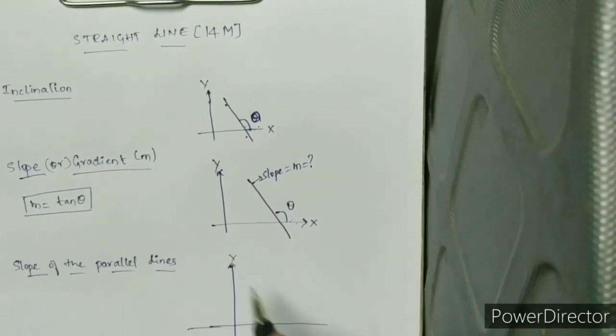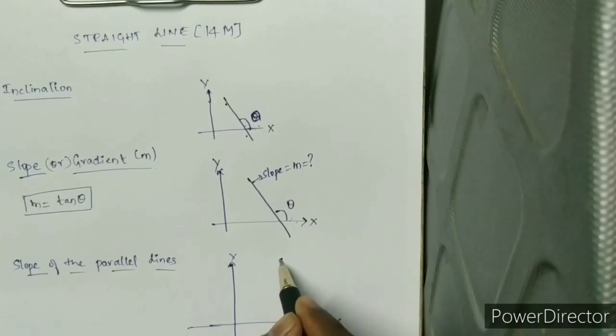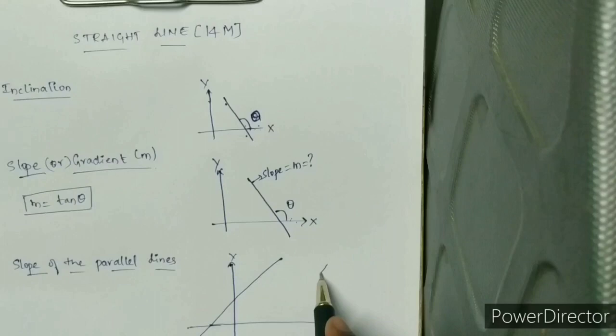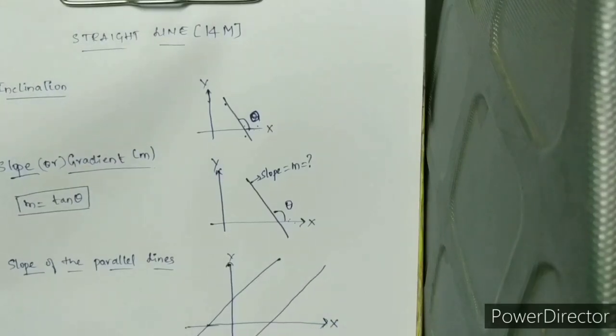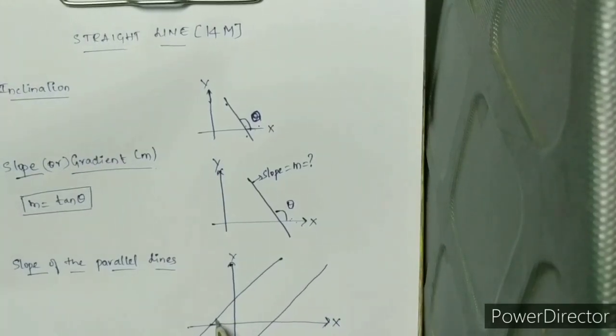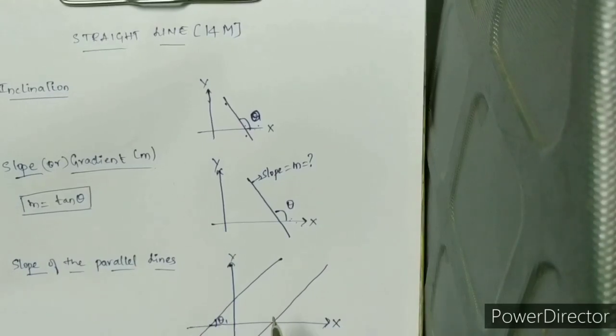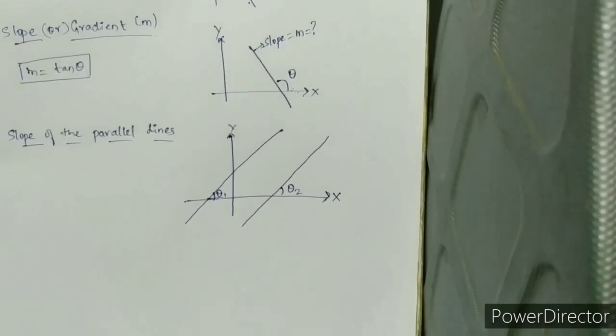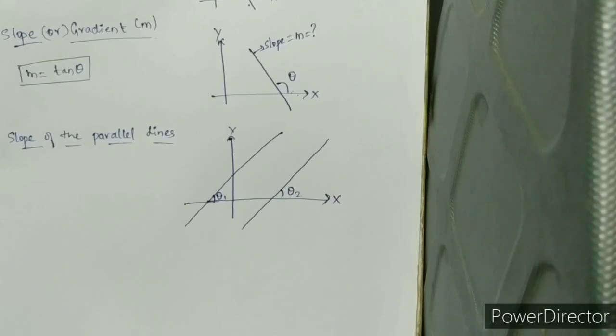This is the y-axis, this is the x-axis. You have one line here and another line here. I'll take this angle to be theta 1 and this angle to be theta 2. Now we'll see how the slopes of these two lines are related.